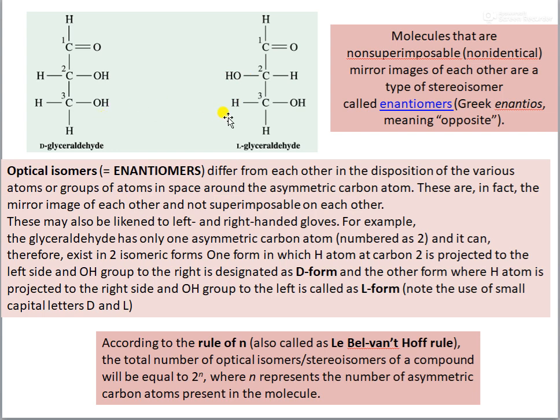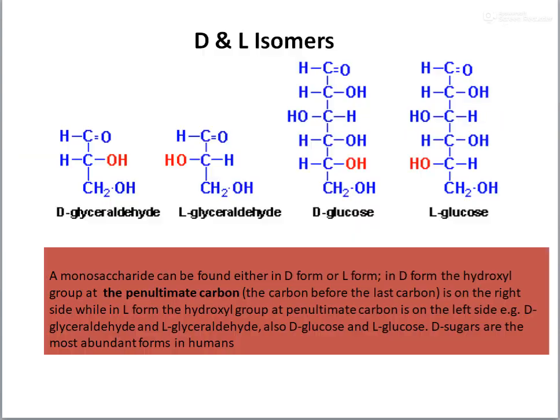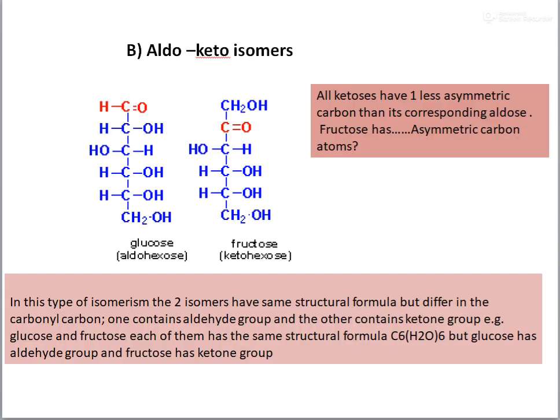Optical isomers or enantiomers, which are nothing but differences in the disposition of various atoms around the asymmetric carbon atom, which are mirror images of each other and which are not superimposable. And we also spoke about the aldo-keto isomers, which are differences or stereoisomerism found between the aldo sugar groups as well as the keto sugars.